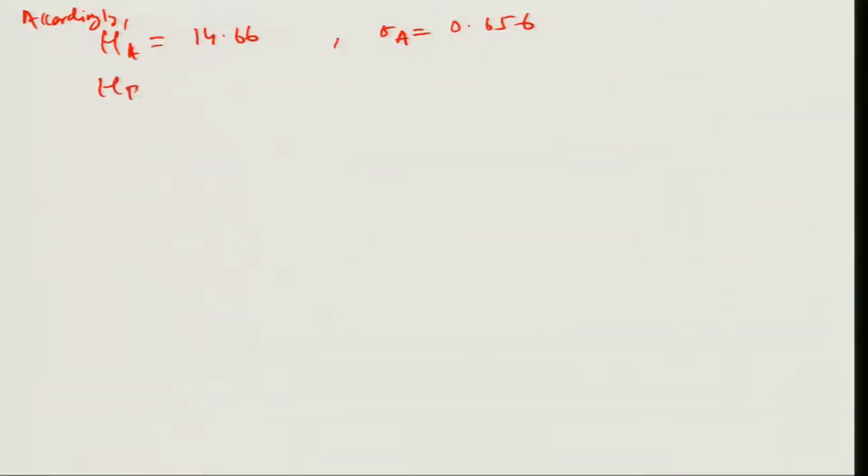Similarly, the process mean for B is 14.41, and σB comes out to be 2.327.